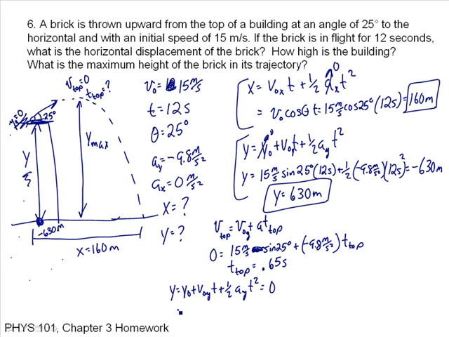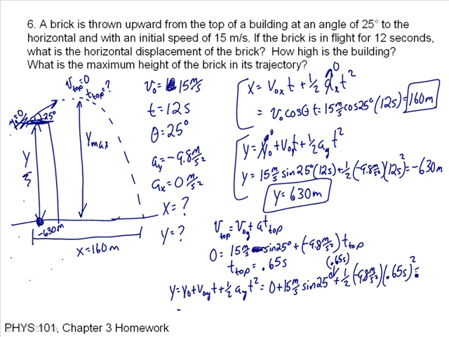More about that in just a second. 0 plus 15 sine of 25 times 0.65, plus 1/2 times minus 9.8 times 0.65 seconds squared. Actually, I left out a 0.65 here, so you need to put that in there as well, because it's v naught times t.